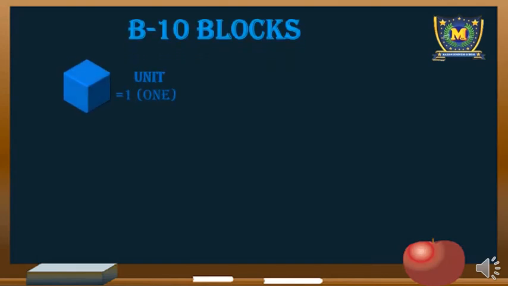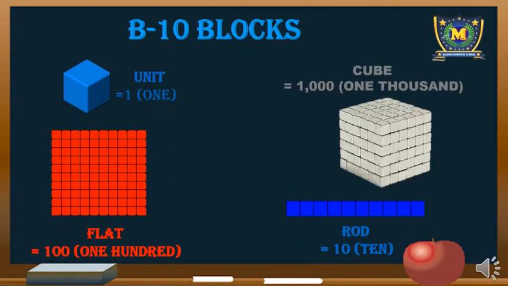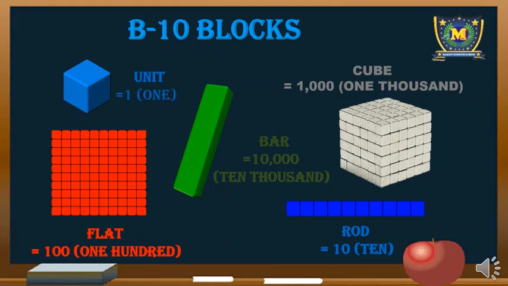We already met the unit, the rod, the flat, and the cube, and this time we will meet a new block, the bar, and 1 bar is equal to 10,000.